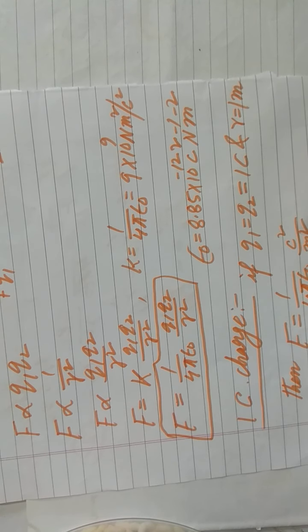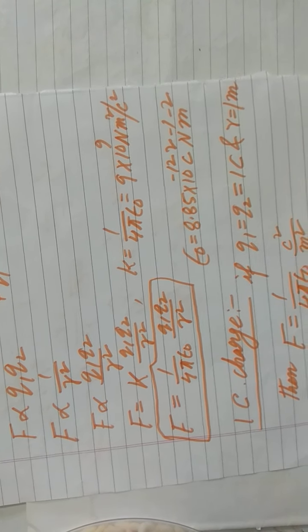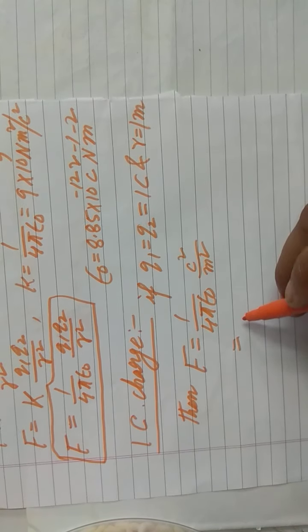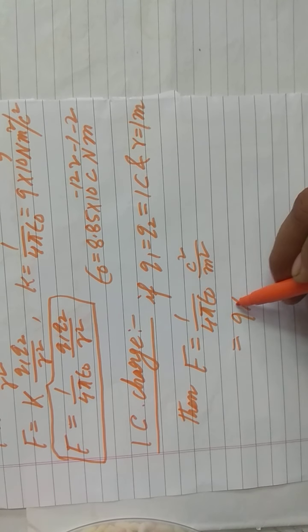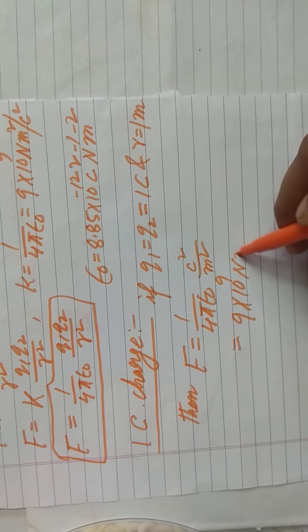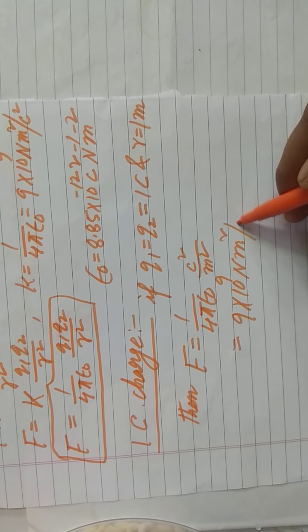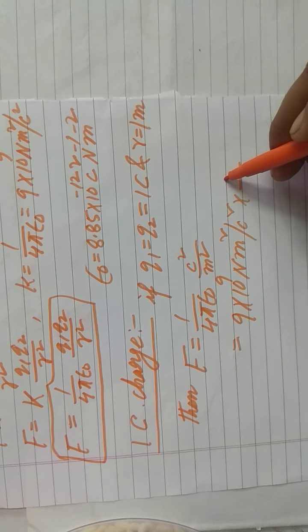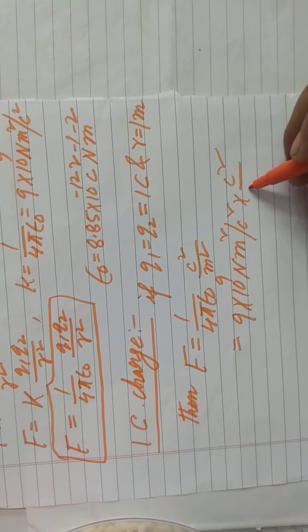So now this 1 by 4 pi epsilon naught Coulomb square per meter square, when we are putting the value of 1 by 4 pi epsilon naught, then we will get 9 into 10 to the power 9 Newton meter square per Coulomb square into Coulomb square by meter square.